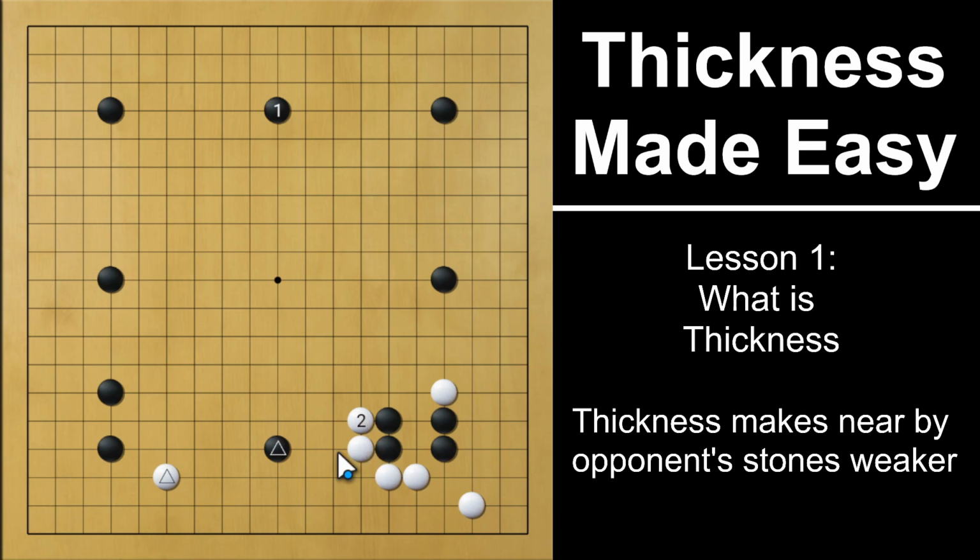All white has to do is, by attacking this stone, get some stones in the middle and invade. I'm going too far. Anyway, in short, because black went too far without finishing the joseki over here, black is going to get attacked.